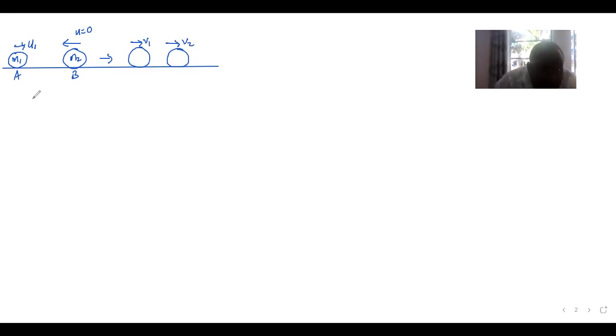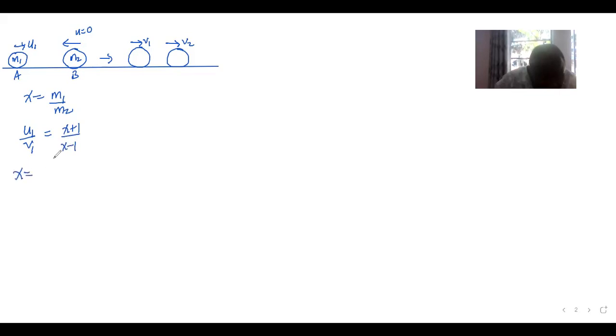Show that if X is equal to M1 over M2, then U1 over V1 is equal to X plus 1 over X minus 1.